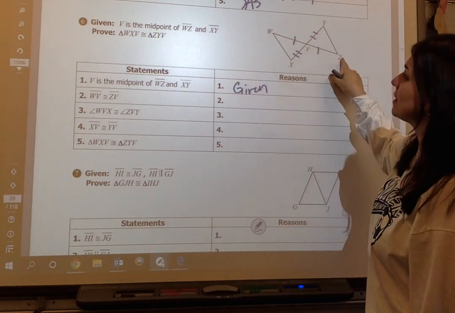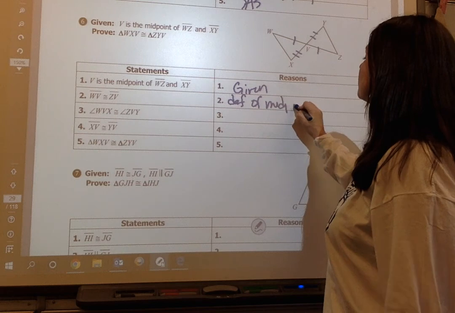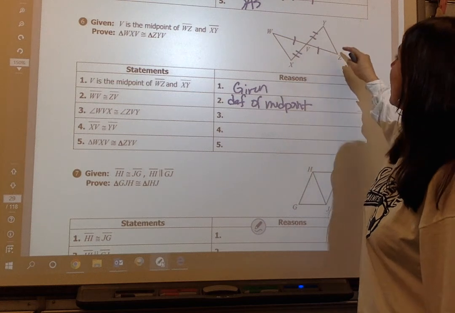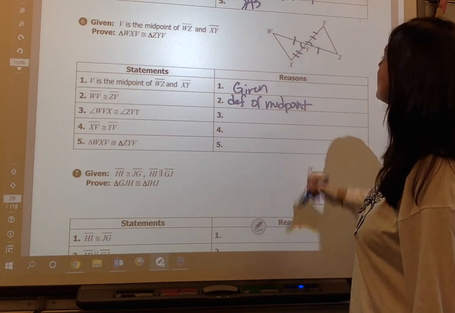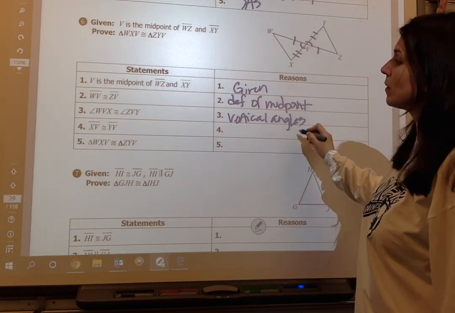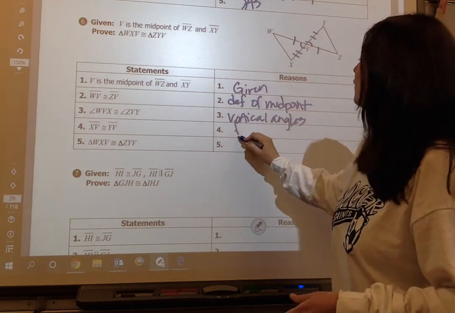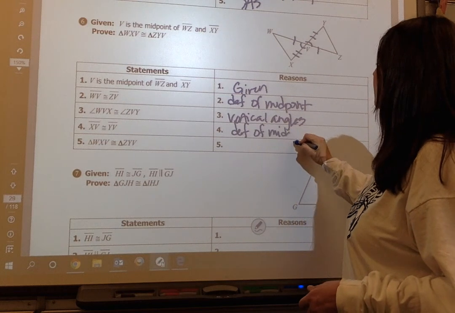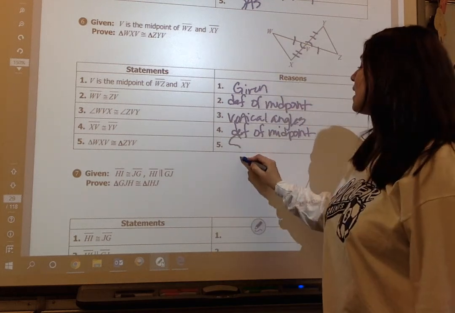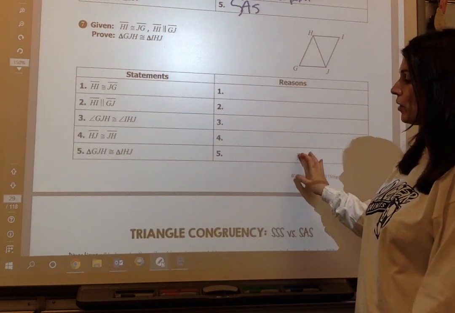But WV and ZV become congruent because definition of midpoint.